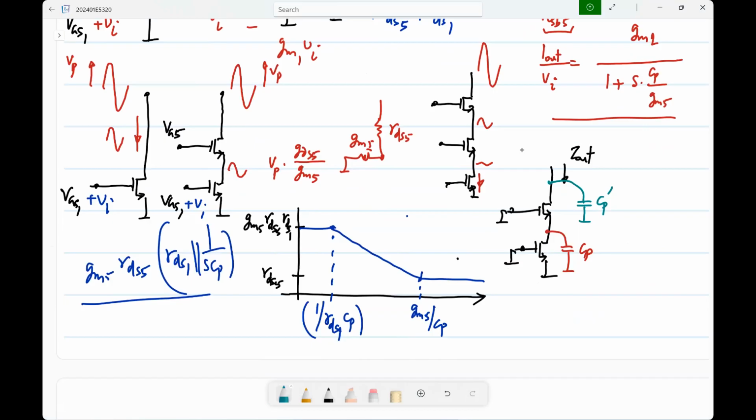In fact, this plot tells you how you should probably size the transistor. Depending on the size of Cp prime, it could be like that. If it is like that, what will be the parallel combination? If you have two impedances plotted on a log-log scale, and now you want to quickly plot the effect of the parallel combination, how will you plot it?